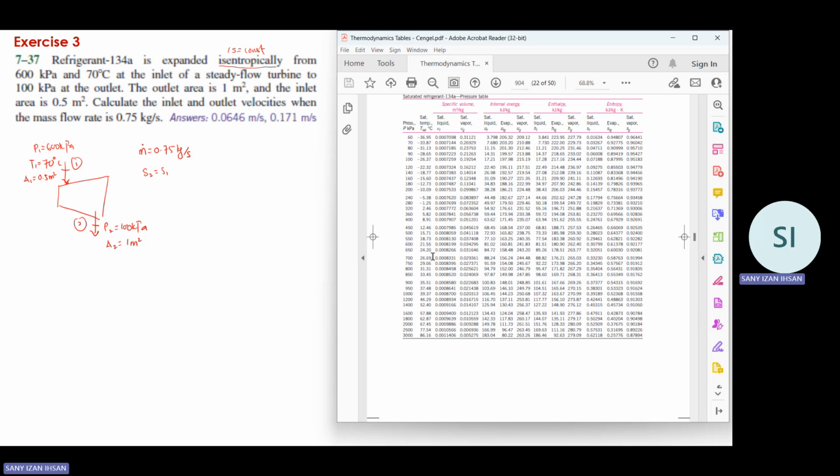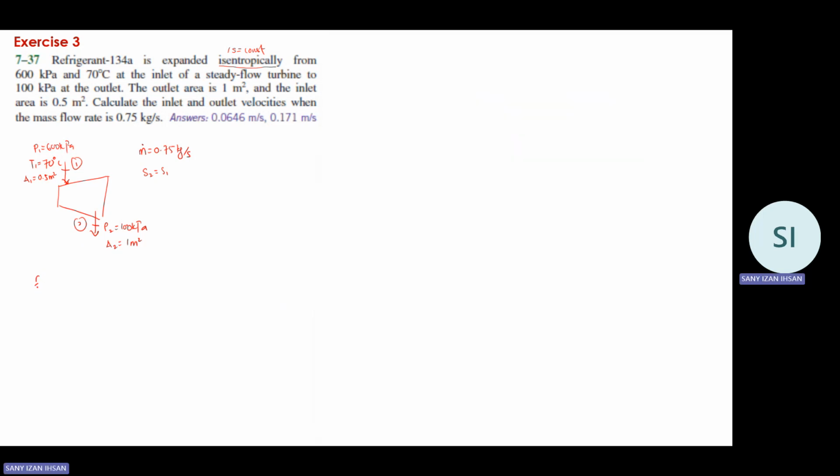The saturated temperature is 21.55. Okay, so let me just write from A12, P1 equals to 600 kilopascal. T saturated was 21.55, which is less than T1.